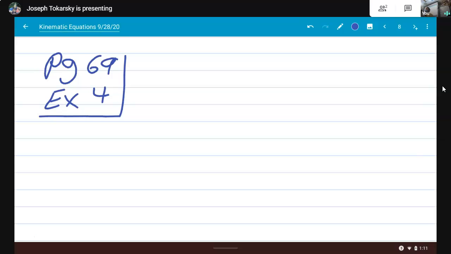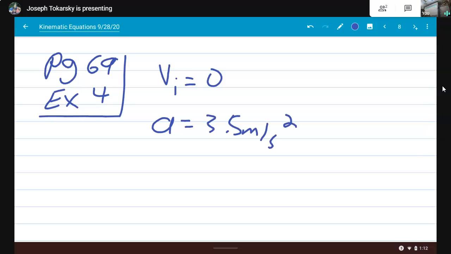It started from rest, so that tells me a pretty important known. Start from rest means what? What could I list right away? Good. VI equals 0. Speeds up at 3.5 meters per second squared. What's that, Cole? Good. And we want to know the D when it reaches 25 meters per second.